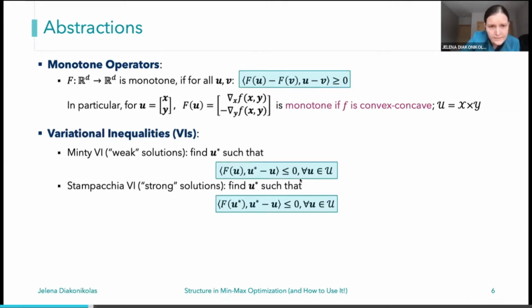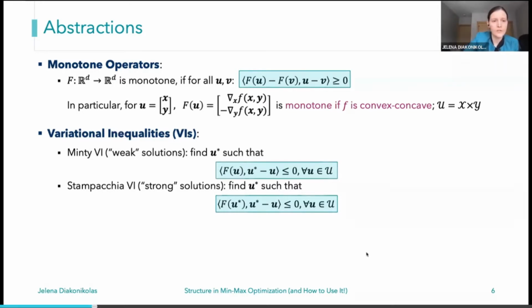Now you look at this, and they kind of look the same, right? Especially if you're not paying attention. The difference is here f is evaluated at u star, which would be your solution. Here it is evaluated at the arbitrary u. Seems like a small difference. Typically, it's easier to approximate these problems than it is to approximate these problems.